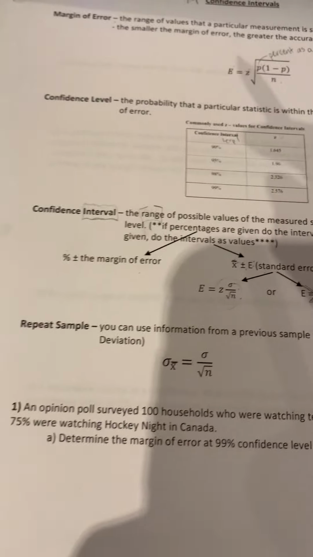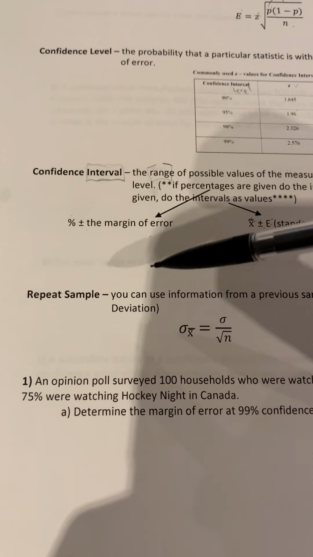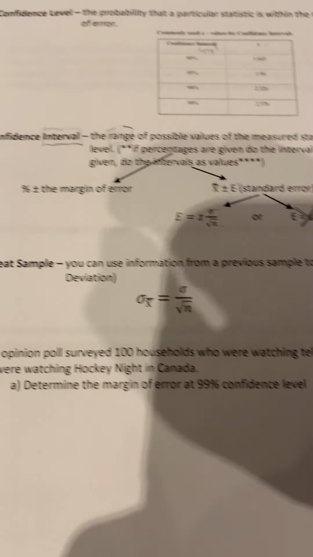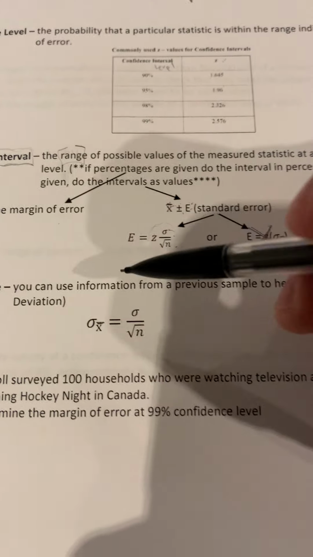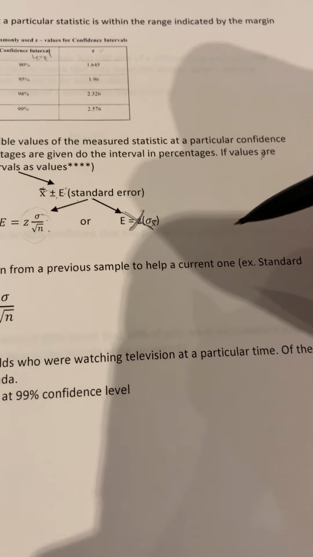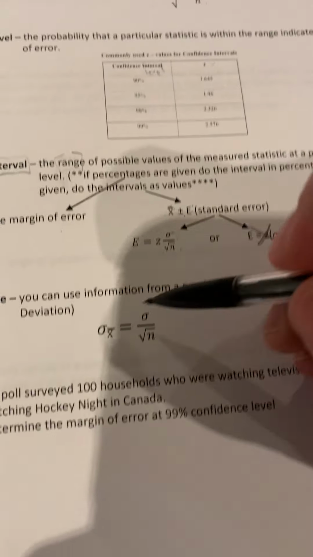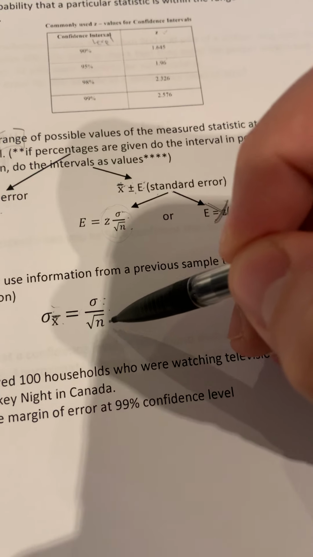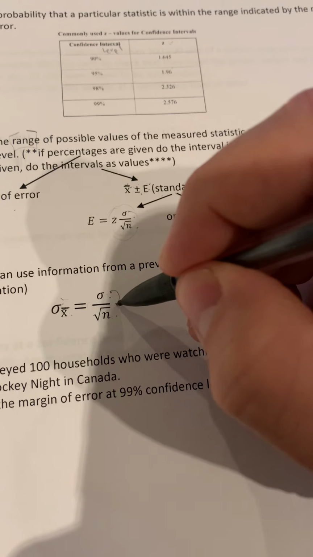we have something, a repeat sample. So if we're repeating our samples, we could actually use some previous information. So whenever you see this, you have a previous sample to help the current one. So we have the standard deviation of the average, so standard deviation divided by the square root of the total numbers.